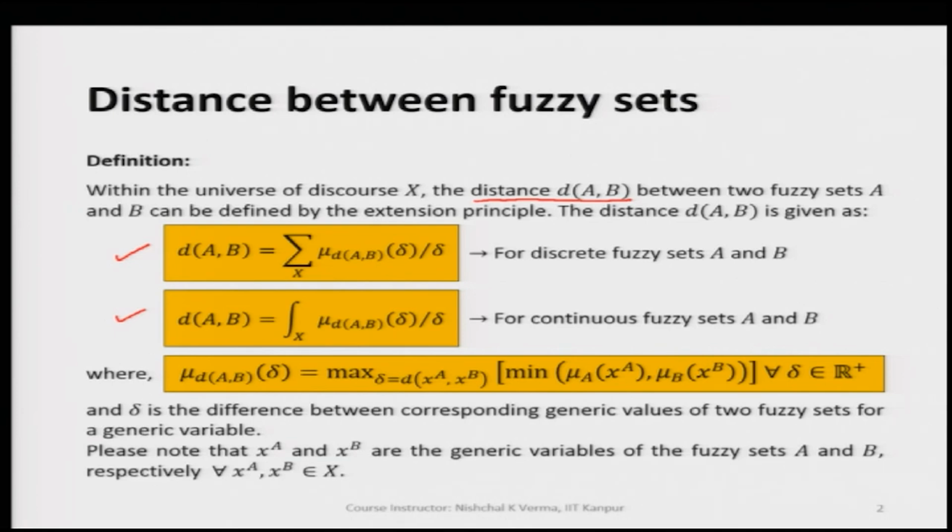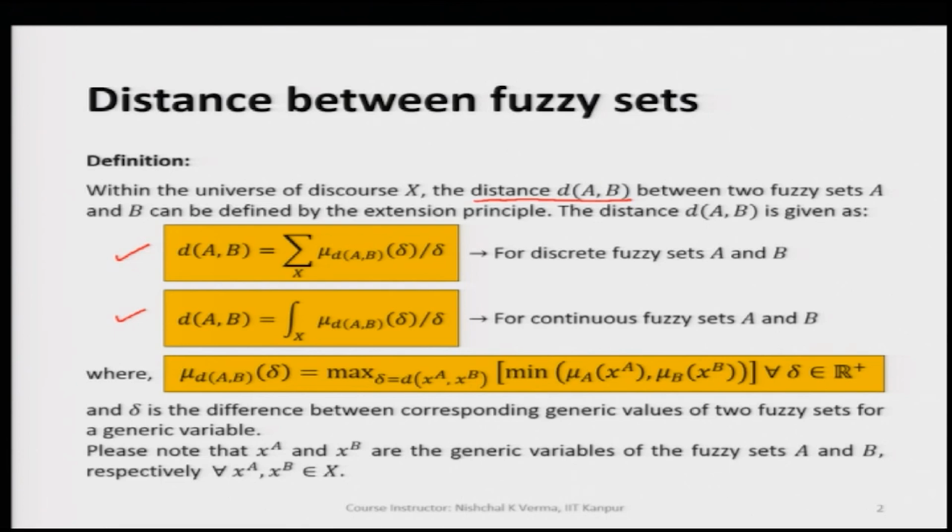Similarly, in the case of continuous fuzzy sets A and B, the distance we compute is again a continuous fuzzy set, described as the integral over the universe of discourse of mu_D(A,B)(delta) over delta.